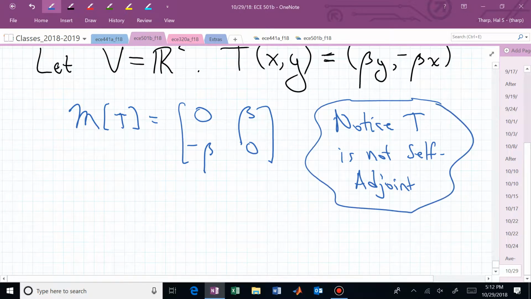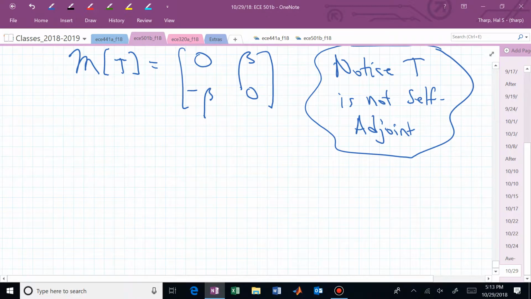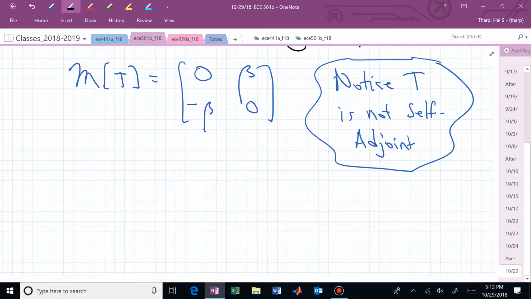It's not, is it? If it was self-adjoint, the matrix representation of this would equal its conjugate transpose. We don't need to worry about the conjugate. Does this matrix equal its transpose? No, we flipped the signs on the off diagonals. And if I said what are the eigenvalues of this, again, I'm reviewing for exam number 2.